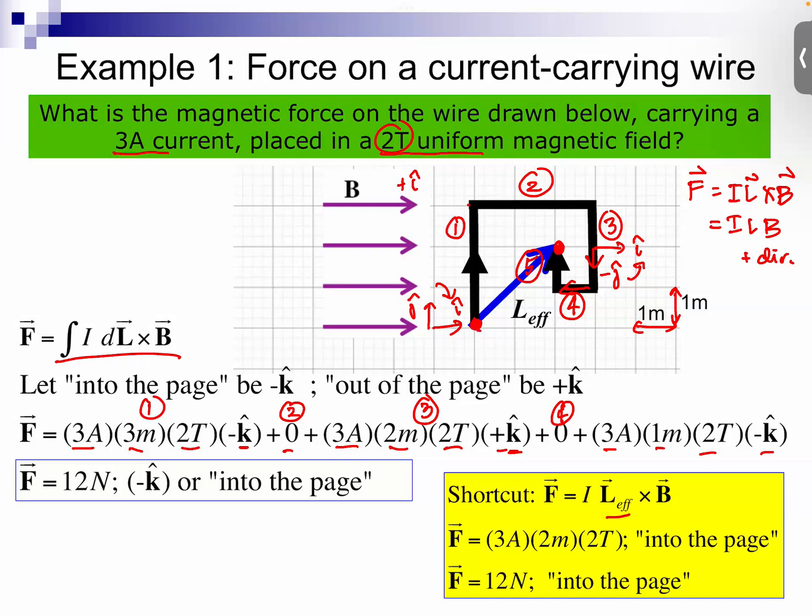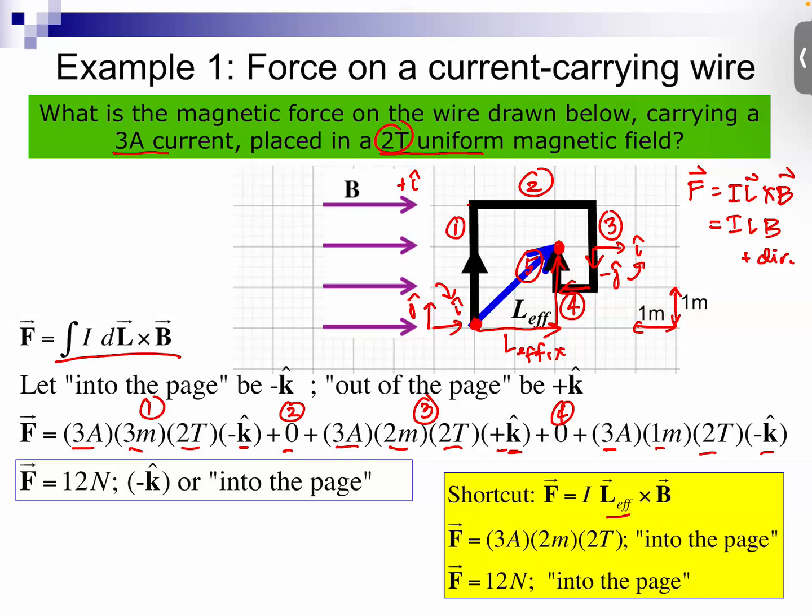So there are 2 ways of approaching this. You can decompose your diagonal vector into the x components and the y components. You can notice that the x component of the diagonal effective length will have 0 force because a parallel wire and magnetic field has 0 force, but only the perpendicular or y component will experience the magnetic force.